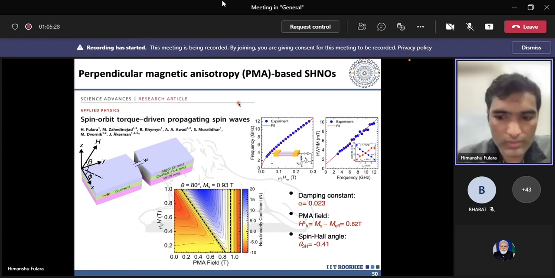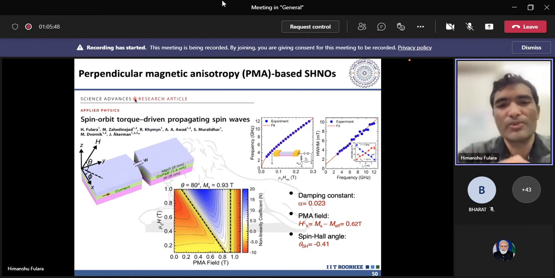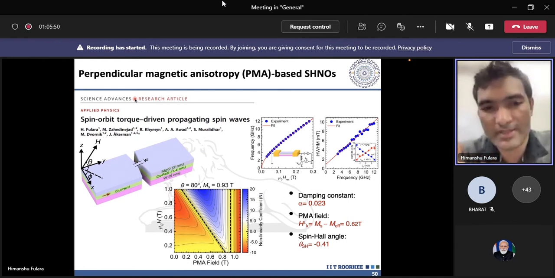So to have individual control, we fabricated another type of oscillators in which we incorporated perpendicular magnetic anisotropy. So what is this perpendicular magnetic anisotropy? You are basically giving a kind of edge to your layer in one particular direction.